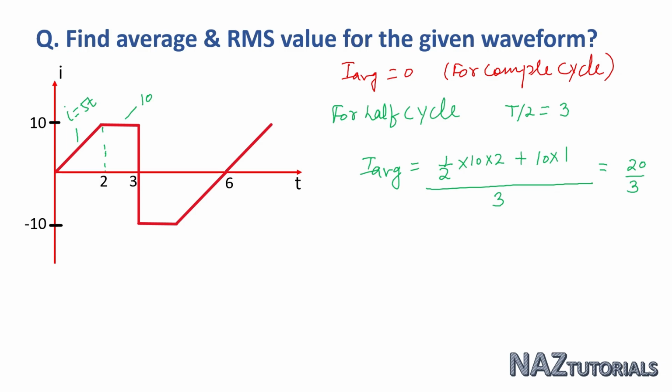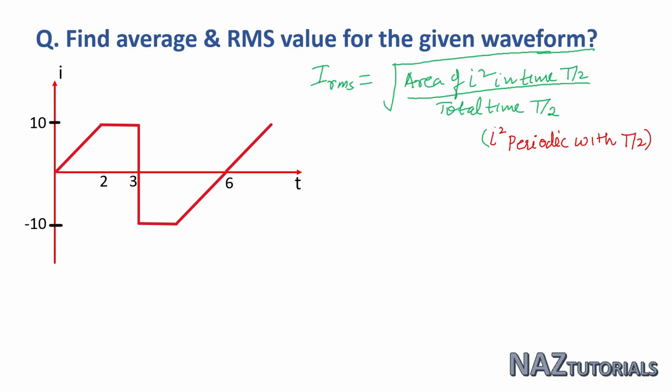For the RMS value, this current waveform I square will be periodic for 3 seconds. For RMS calculation, we will calculate the RMS value for the time of 3 seconds.